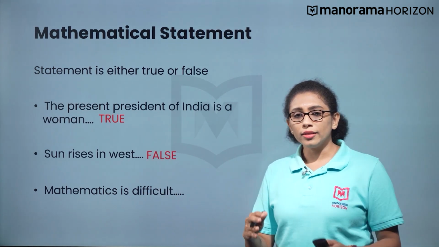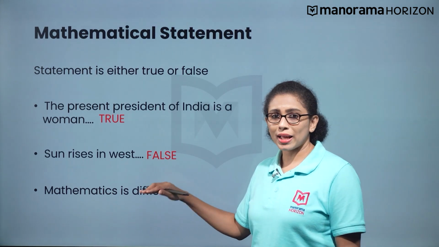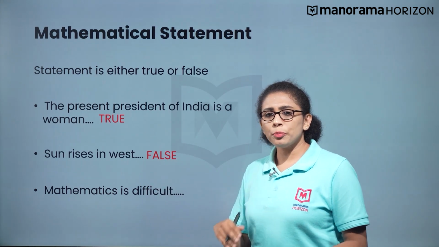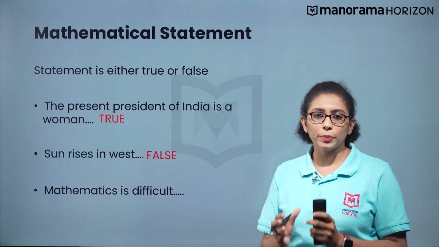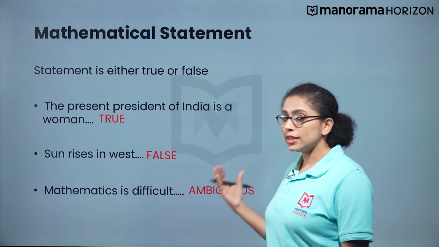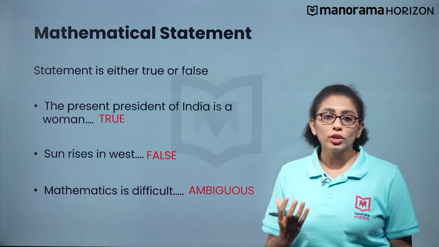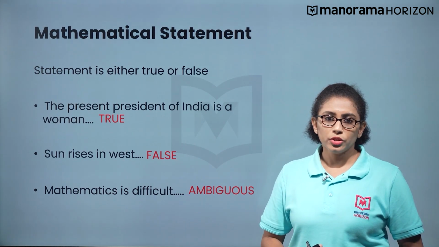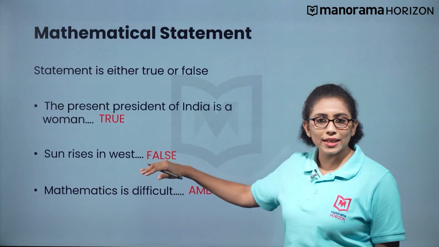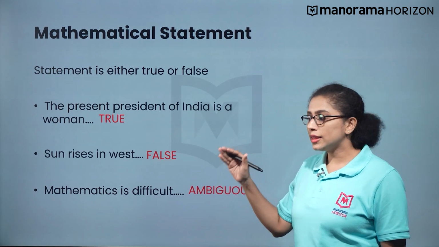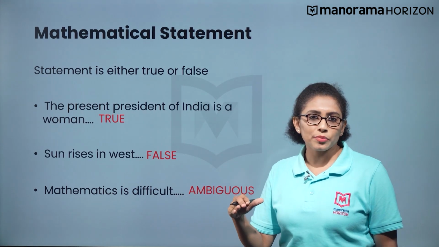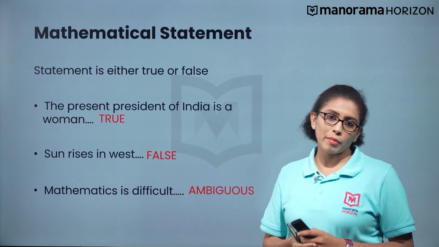But on reading the third statement, mathematics is difficult, it may be true or it may be false. It depends on the people. That is, the third sentence has more than one answer. So, the first 2 sentences are mathematically accepted, but the third sentence is not accepted as a statement in mathematics.